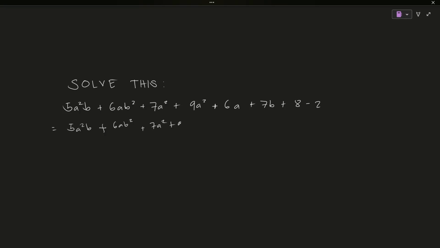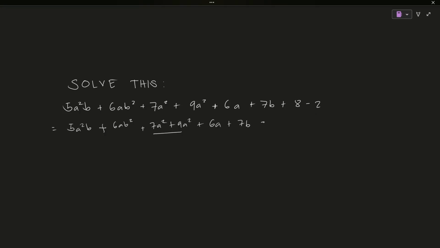So 7a squared plus 9a squared. We can combine them. So 6a doesn't have same terms since there are no other terms with a here. So let's just copy the 6a. Then for 7b, there's no same like term. So again, let's just copy the 7b.